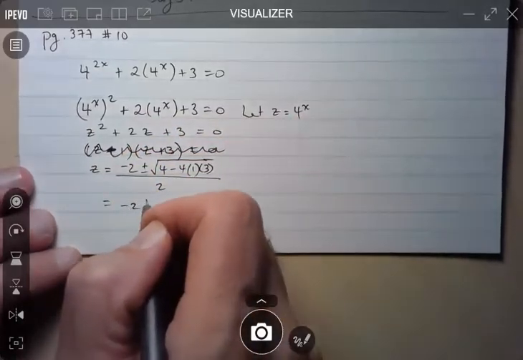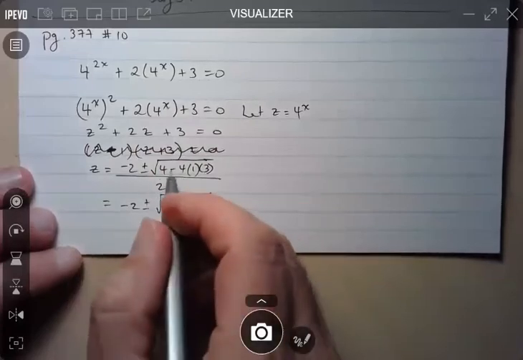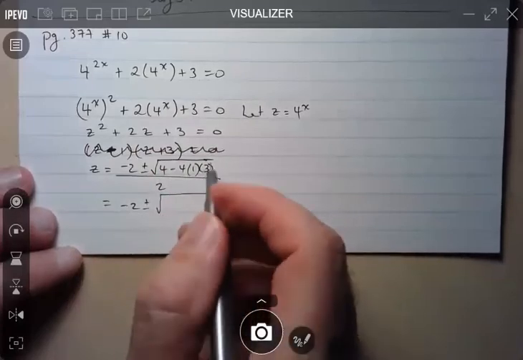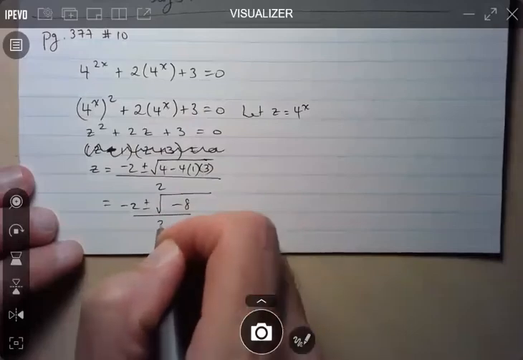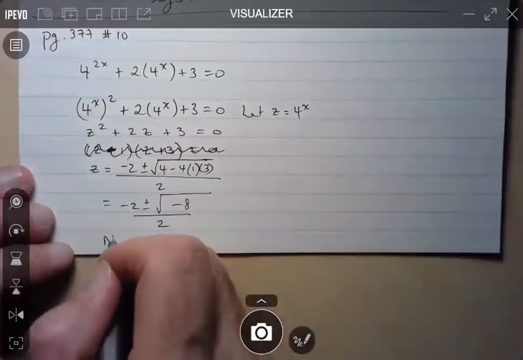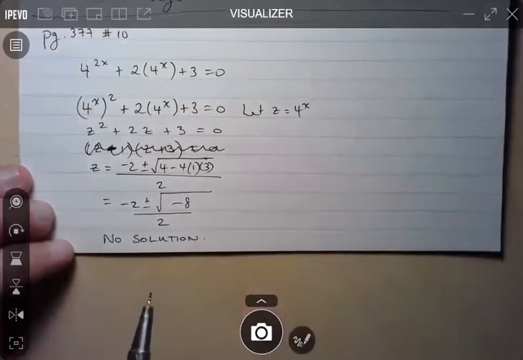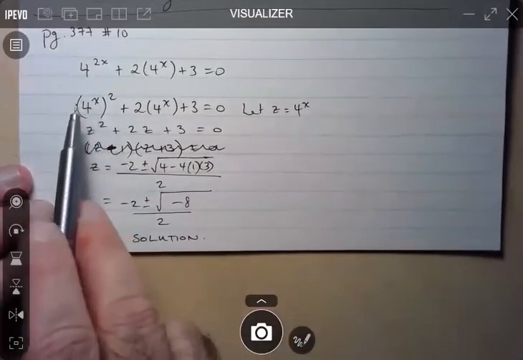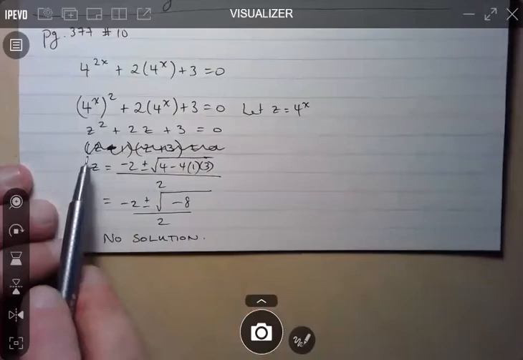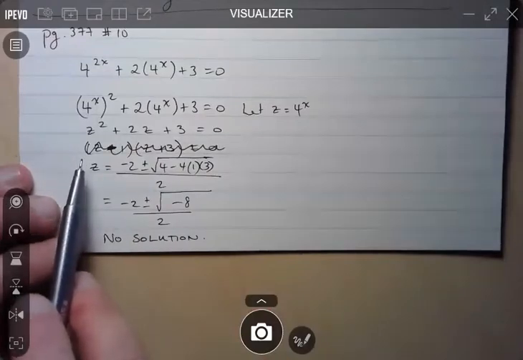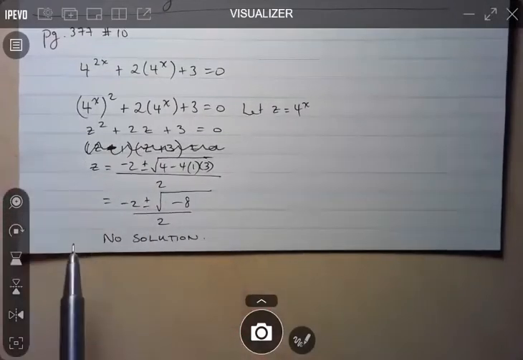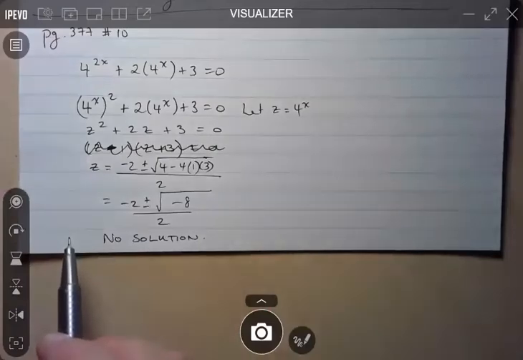And here, negative 2 plus or minus the square root of 4 minus 12, which is negative 8, over 2. Hence, there's no solution. So there's no point in even replacing z by 4 to the x, because 4 to the x would end up being equal to something that doesn't exist. And so there you go. There's nowhere else to go any further.